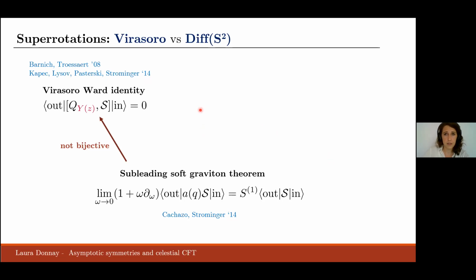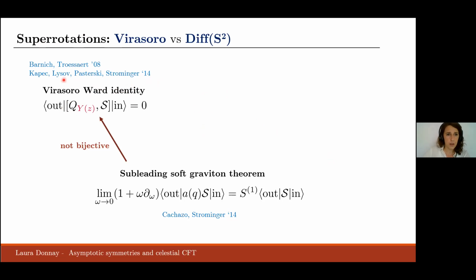Let me remind you that the original proposal for super rotations was given by Glenn and Cedric in their paper. It consists of considering local conformal Killing vectors on the sphere.